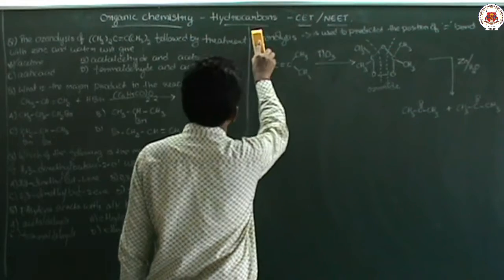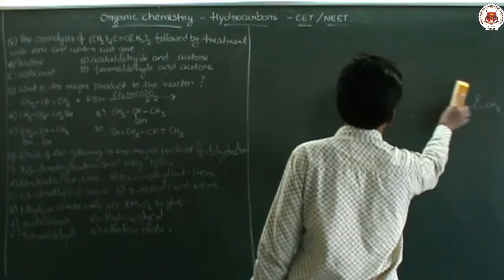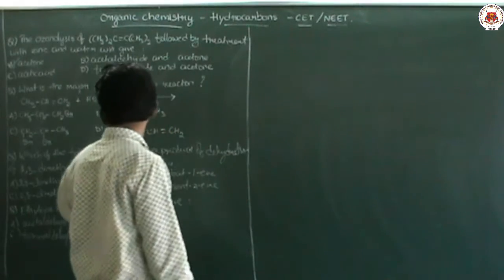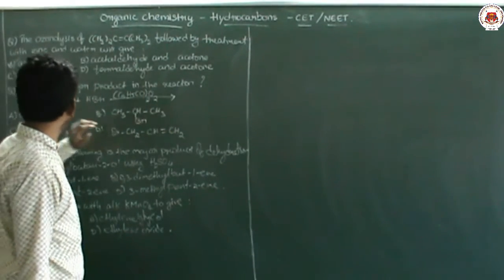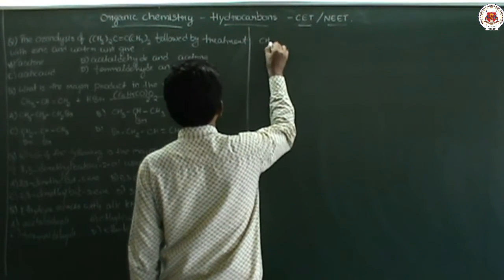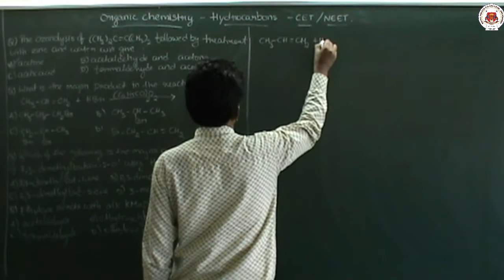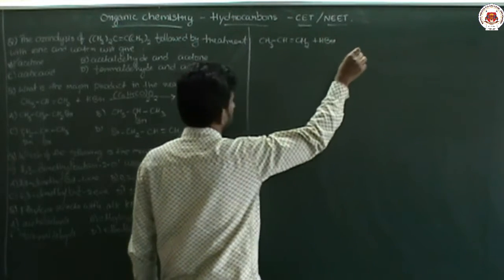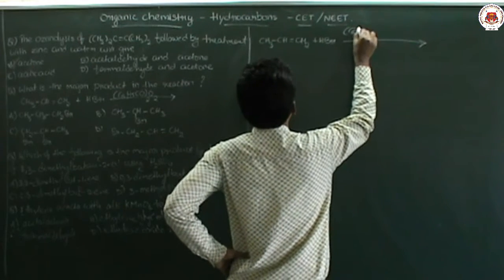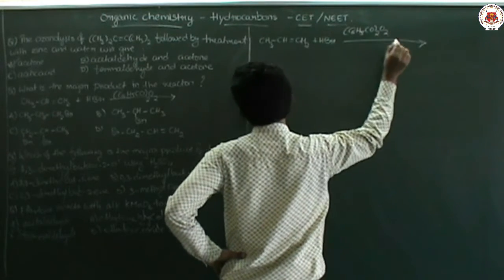Then the next question is, what is the major product in the reaction propene plus HBr in presence of benzoyl peroxide?